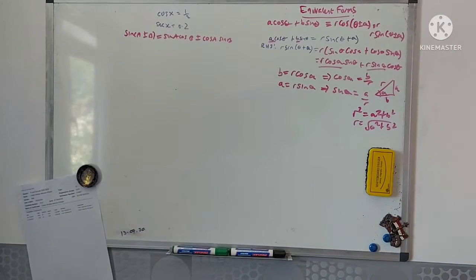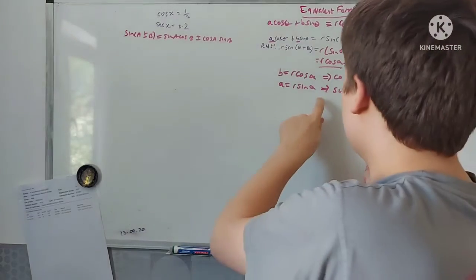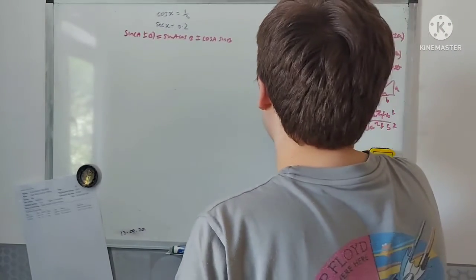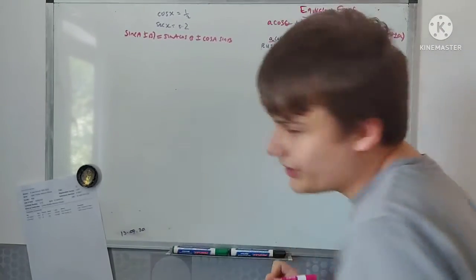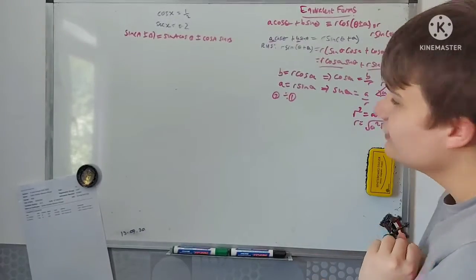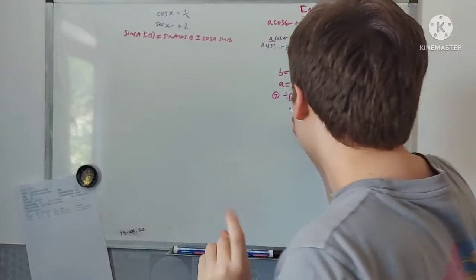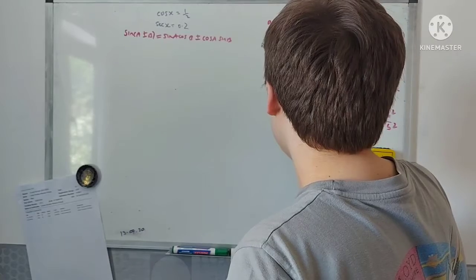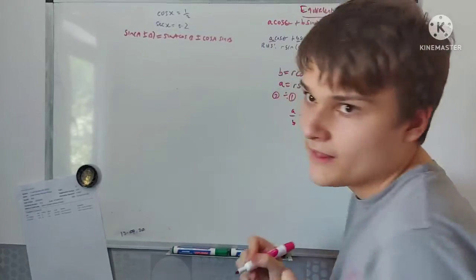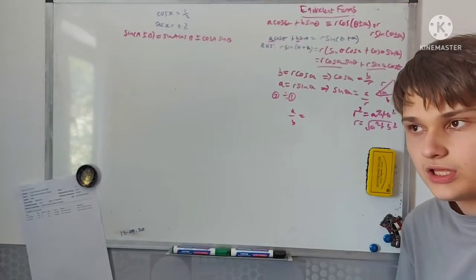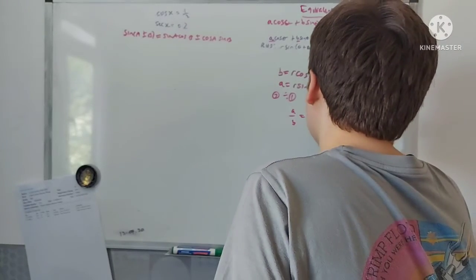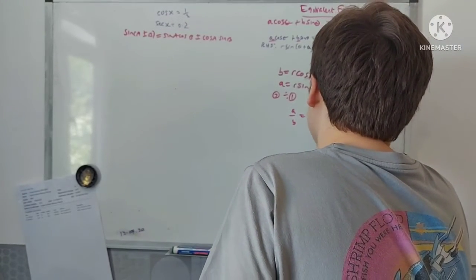Now what I'm going to do is equation 2 divided by equation 1. When I do that, you can probably spot it immediately. You're going to get a divided by b, so a over b, is going to be r sine alpha over r cos alpha.